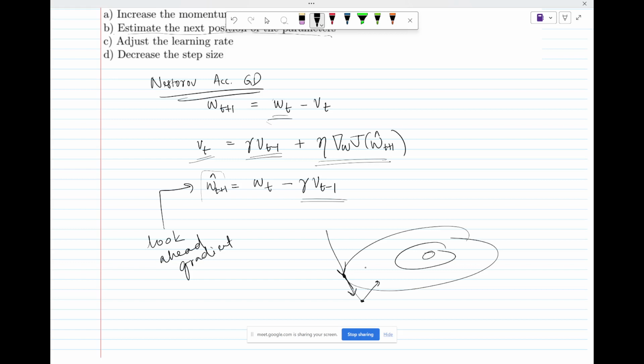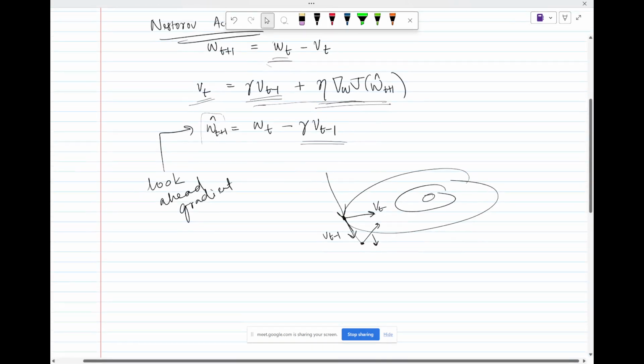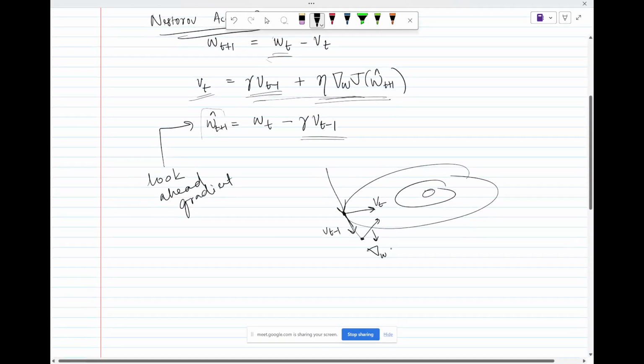So then you take sort of a direction midway between these two, which will be something like here. So this is your update step, Vt. This is gamma Vt minus 1, and this is the gradient.